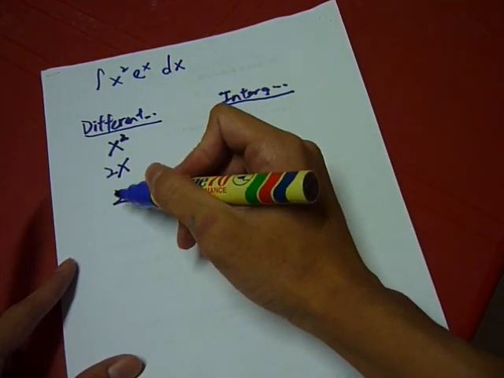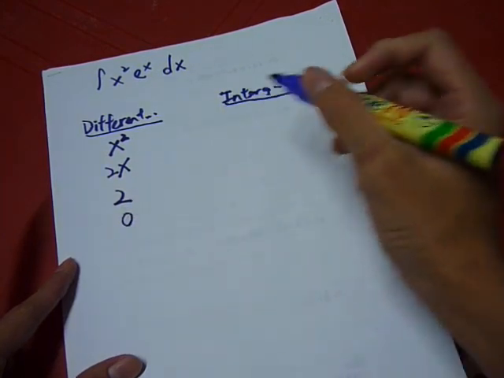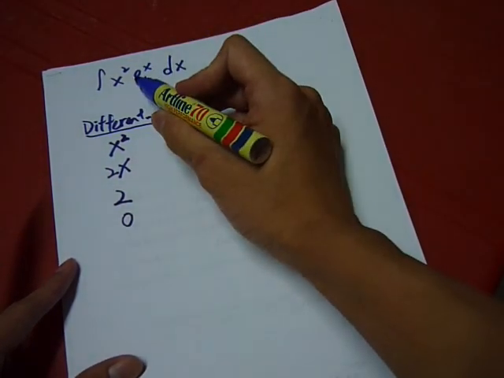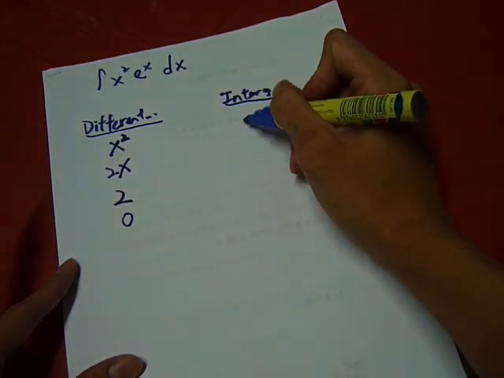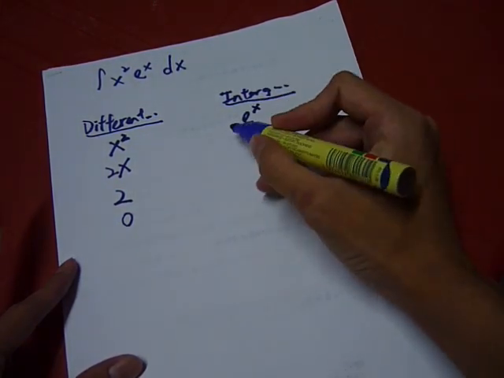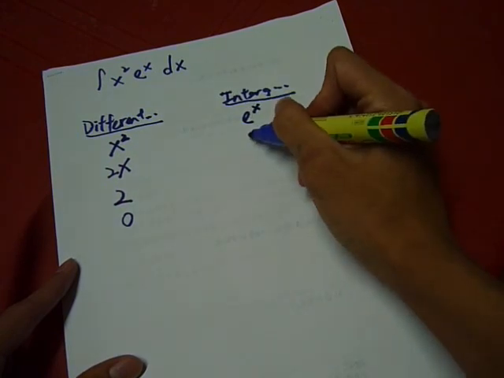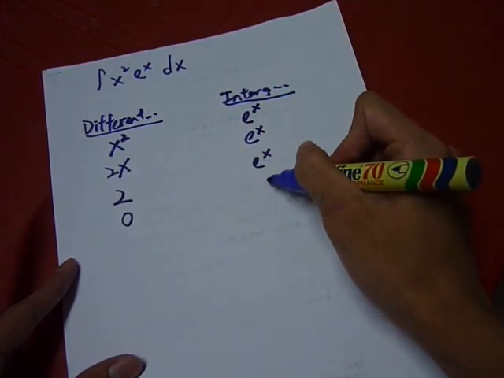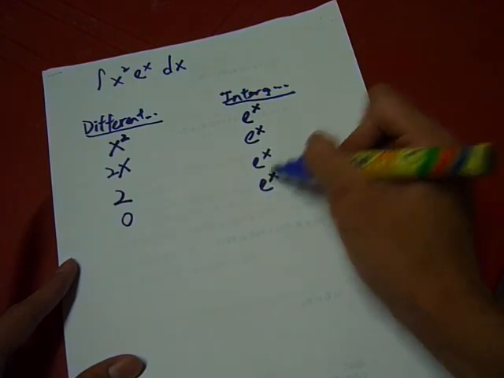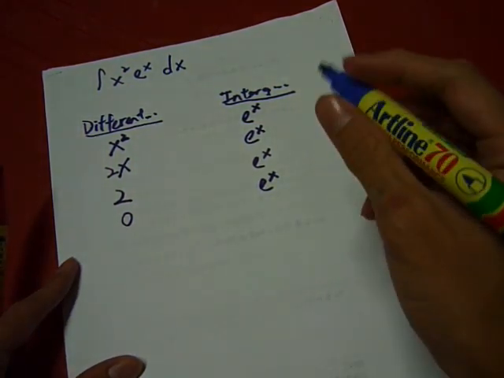And differentiate 2, we get 0. And we let e^x be the integration part, so we get e^x, and we integrate e^x, we get e^x, and so on and so forth. We get e^x till the last.